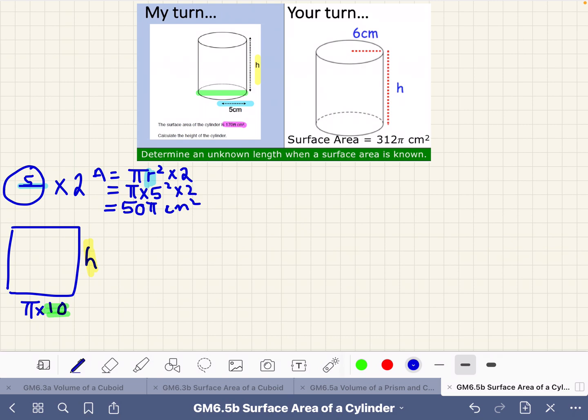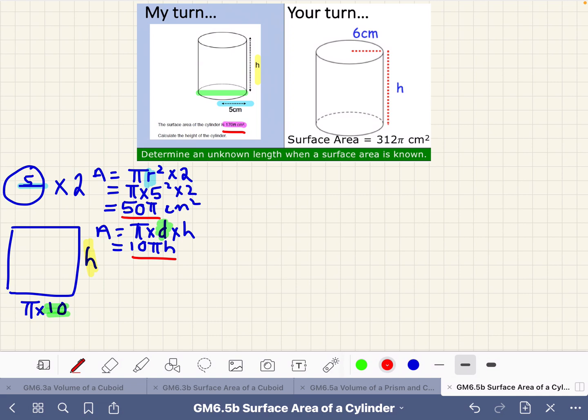The next area of the curved side would be pi times the diameter times by the height. We are told that the diameter is 10 as the radius is 5. That gives us an area of 10 pi h. The total of these areas is equal to this 170 pi.